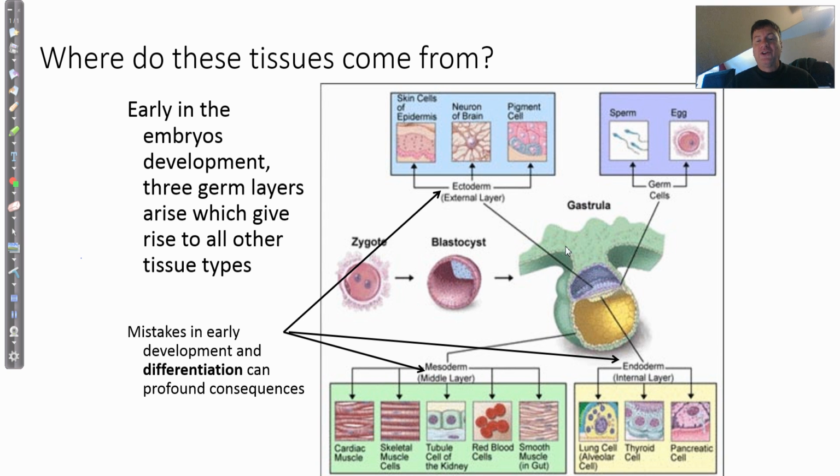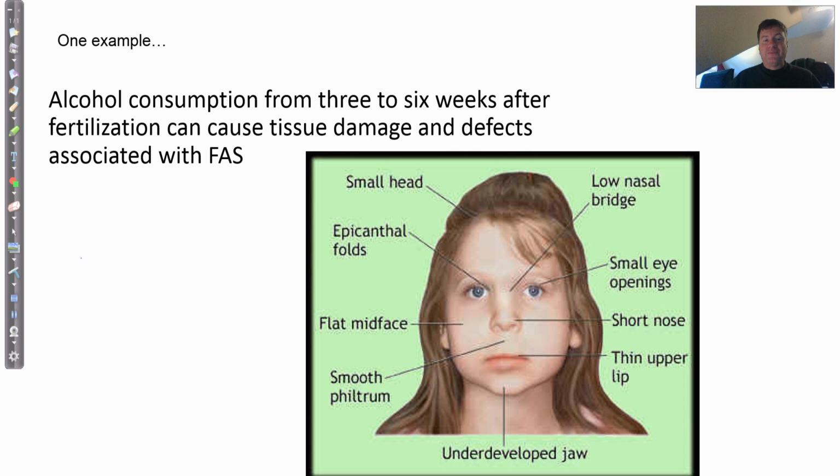We form these layers way back before they have formed anything. But if there's a mistake here, or an exposure to a chemical here, and you mess up ectoderm cells or mesoderm cells, then the messed up cell produces 2 messed up cells, and then 4 messed up cells, and eventually messed up organs.